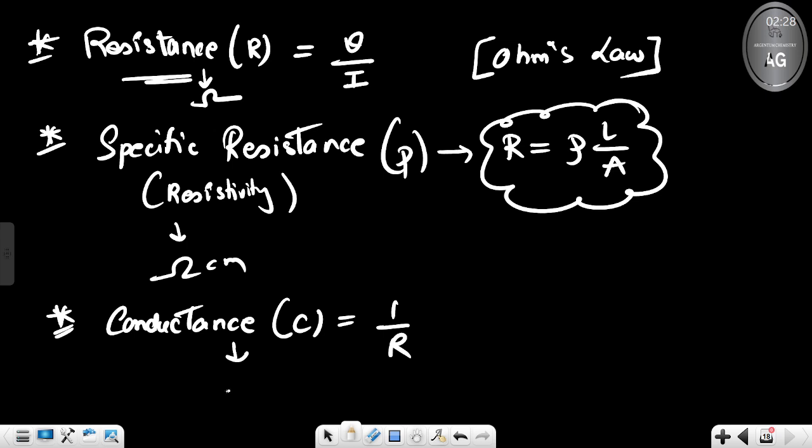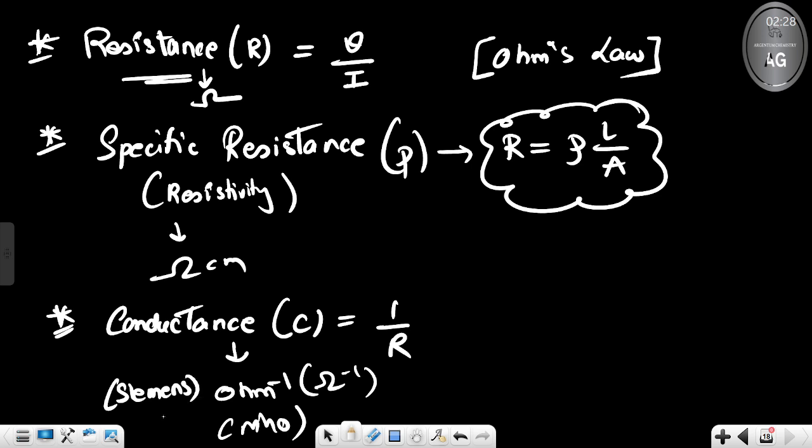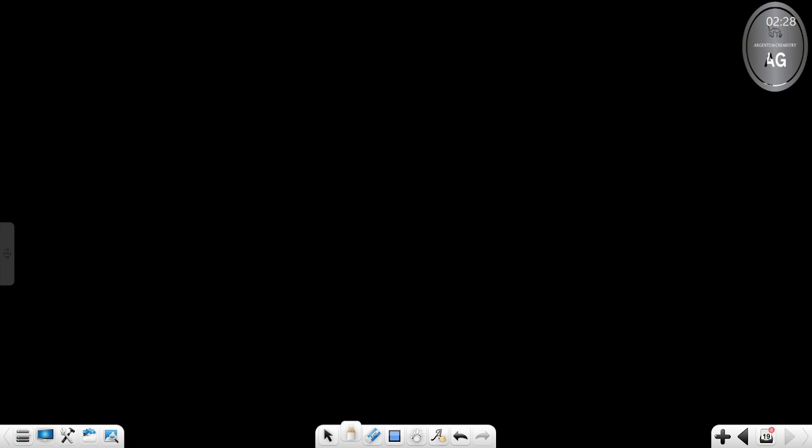This time it is going to be ohm inverse, also called MHO, also called Siemens. We write it as S. You can call this whatever you want to write. That is dependent on you. Okay, next.